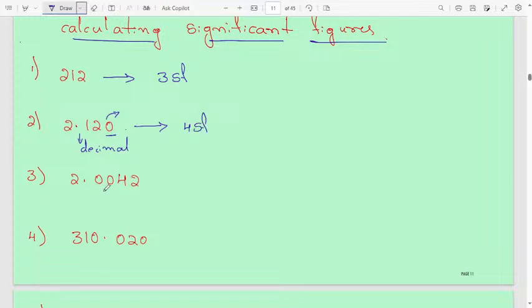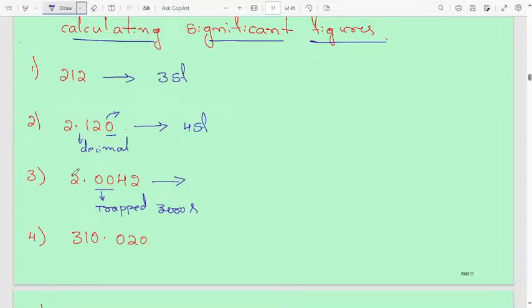Then here these two zeros, they will be trapped zeros. According to the rules, trapped zeros we can consider as significant figures. Then these two zeros are present after the decimal. After the decimal, if 0 is there, then 2 is a non-zero number.